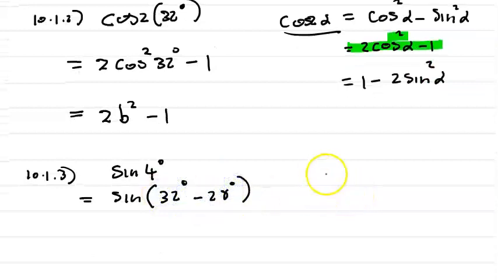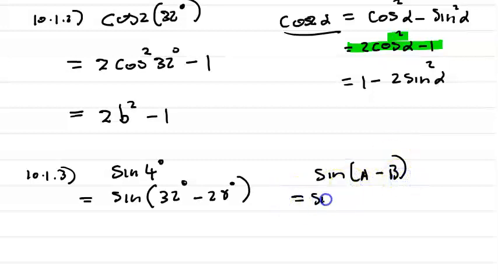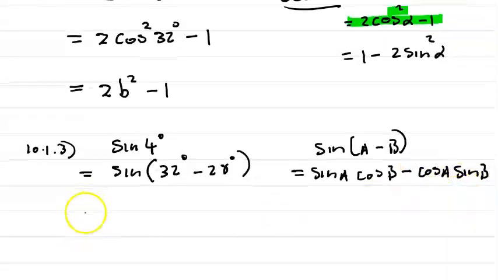And remember now our compound angle expansions. Sine of A minus B is equal to sine A cos B minus cos A sine B. So remember, know your theory well.